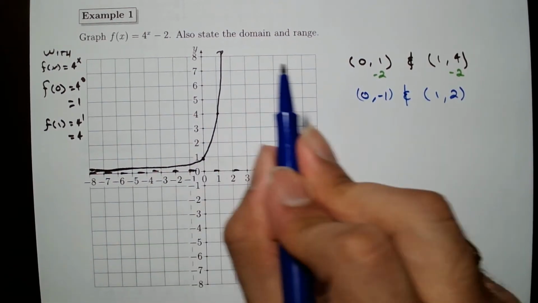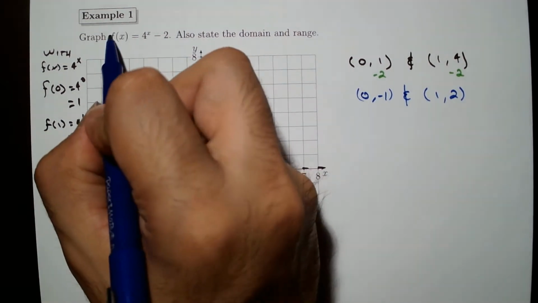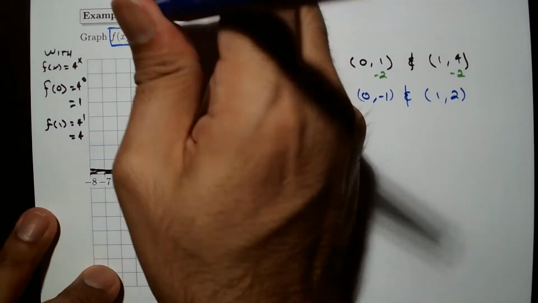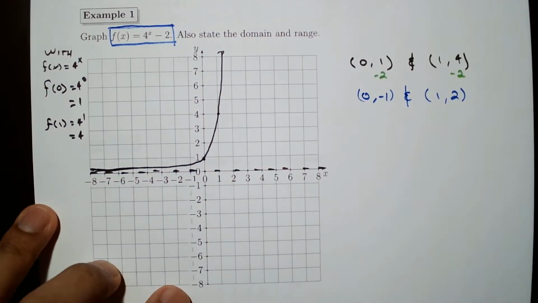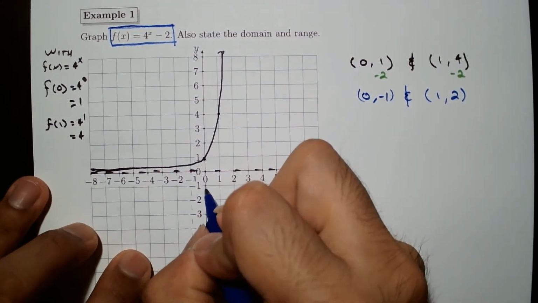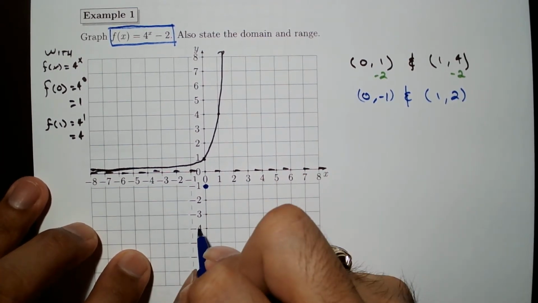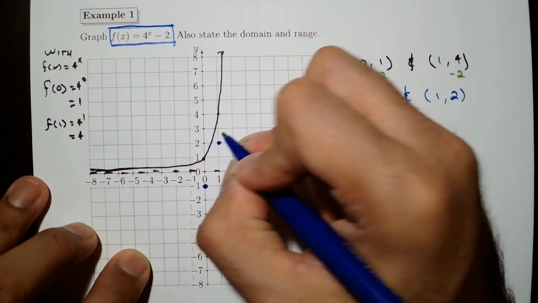I'm going to use this blue color for this shifted graph. So I'm going to graph 0, negative 1, and the point 1, comma, positive 2.